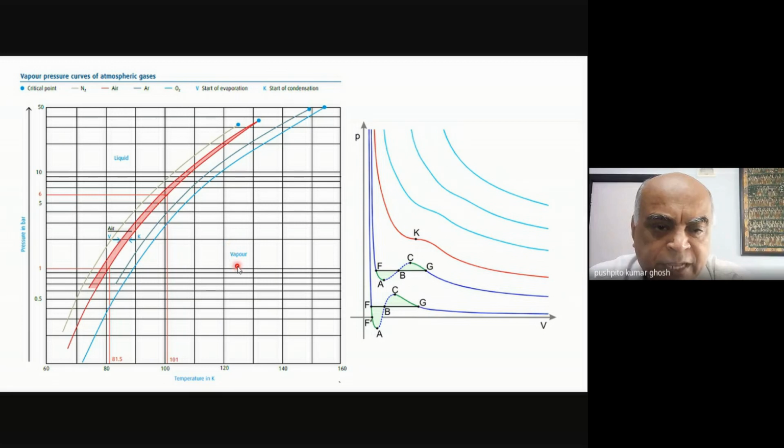So you can imagine that if you're going from vapor towards liquid, and you're reducing the temperature, this is the temperature axis, this is the pressure axis, if you're reducing the temperature, obviously you will start hitting the two-phase region where you have got both liquid and vapor. And likewise, if you warm up from the liquid, again I'll enter into the two-phase region, which will be liquid and vapor. So that's what these plots are about.